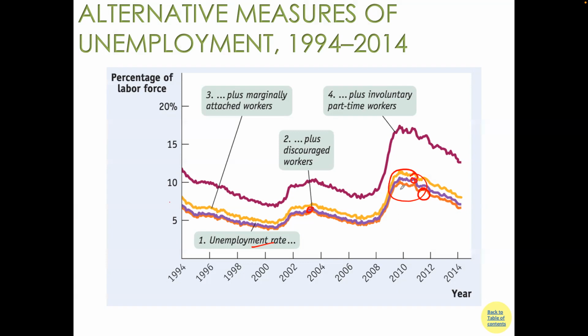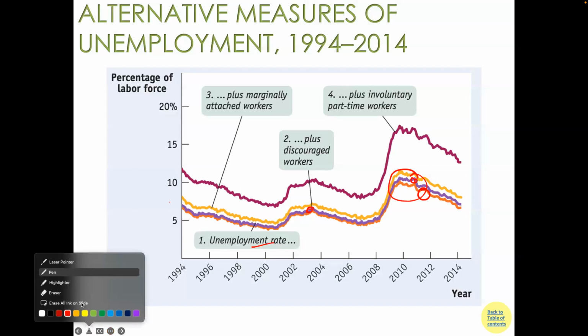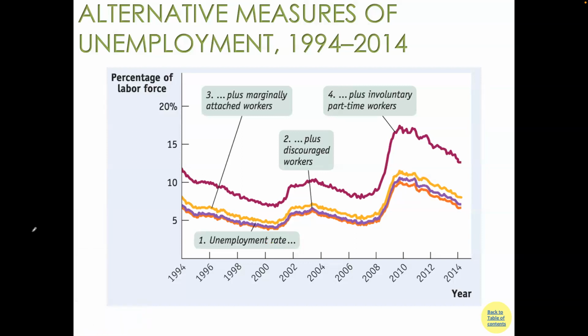So there are more people who get discouraged or just lose their hope in this deep recession. Let me erase here, just to highlight it so you can see better. So the difference between the bottom two lines widens. And for the rest of the time, particularly when the economy is in expansion and the unemployment rate is low, they're almost the same.